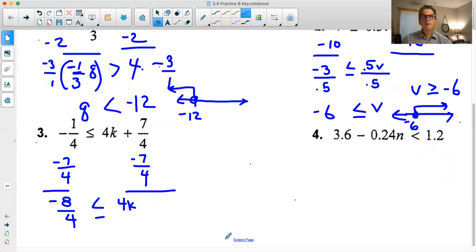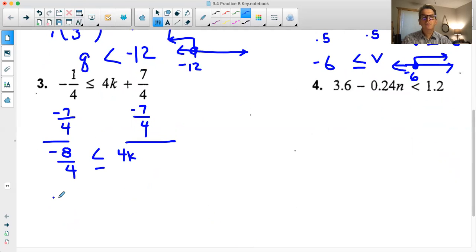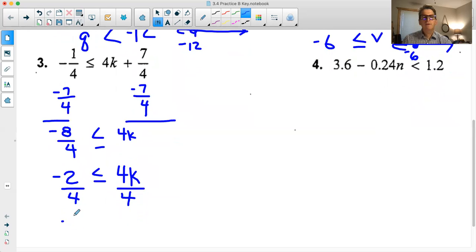And you see there that negative 8/4 is negative 2, less than or equal to 4k. To undo the multiplication by 4, you divide by 4. And what we have here is negative 1/2.